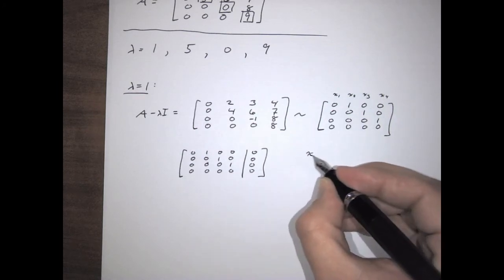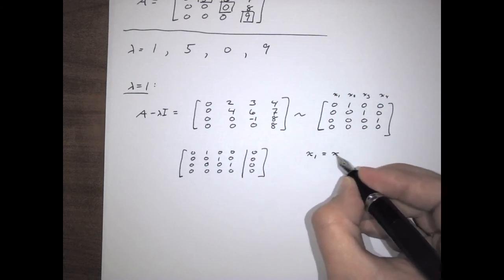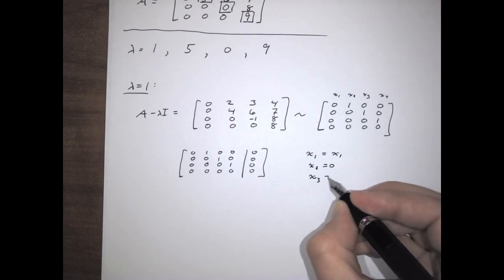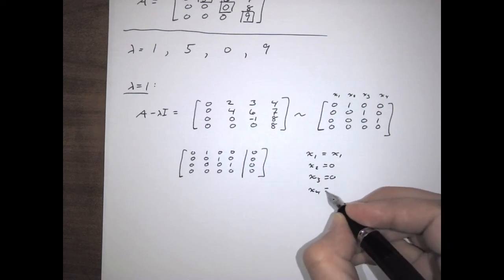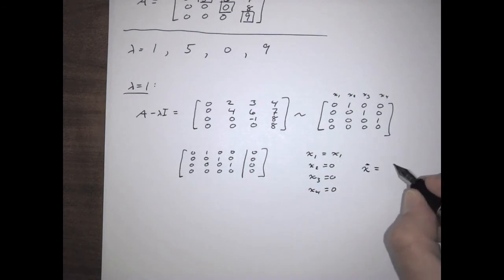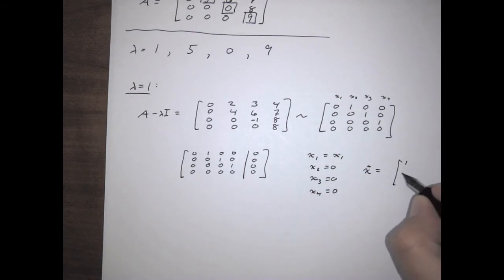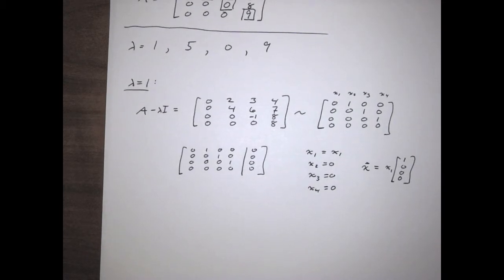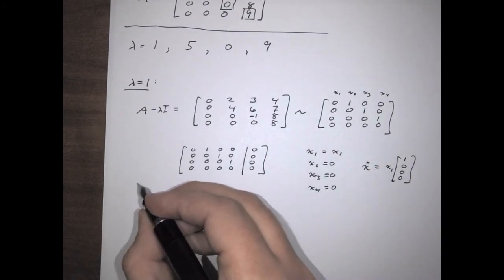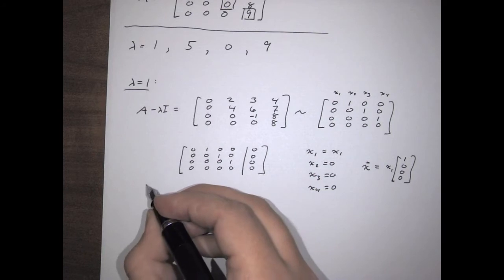So x1 equals x1, x2 equals 0, x3 equals 0, x4 equals 0, which means that x is going to equal 1, 0, 0, 0, and so we just need an example of one of the elements of this family to seal the deal. So we'll have an eigenvector of 1, 0, 0, 0.